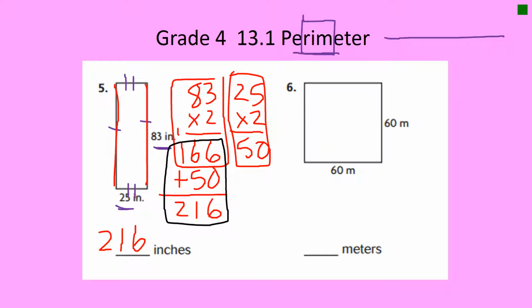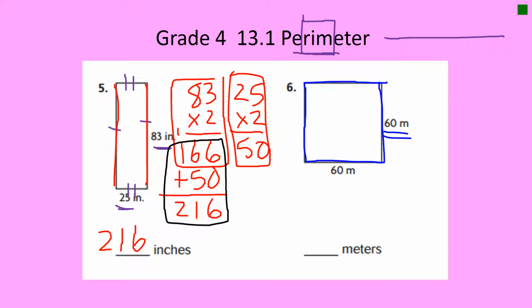Now squares are the best. When you hear about a square and you're talking about perimeter, always remember, ooh, 4 equal sides, hooray. I can just do whatever number I see, like 60, 4 times. That's 60, that's 60, that's 60, and that's 60.